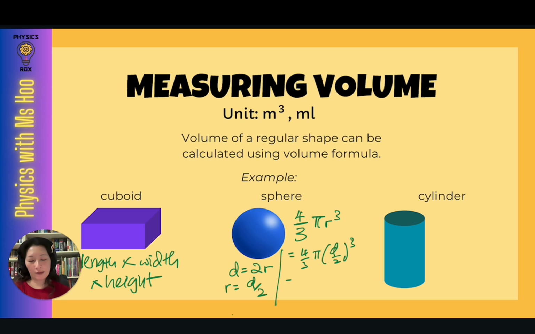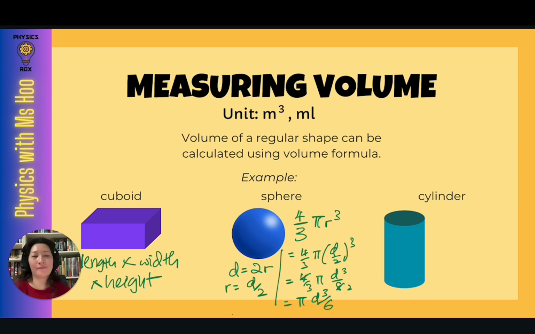This would give us 4 over 3 pi d cubed over 8. Now we're going to simplify this, so this gives us pi d cubed over 6. So this is how you could calculate the volume of a sphere if we could measure out the diameter of that sphere. So it's a little bit complicated, but yes, it's possible.